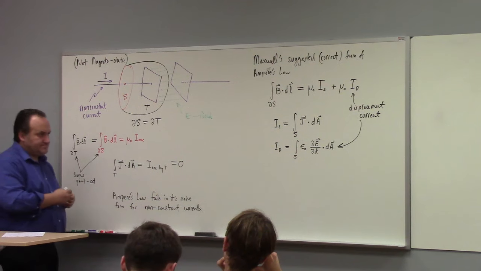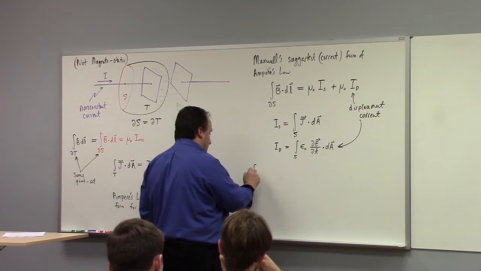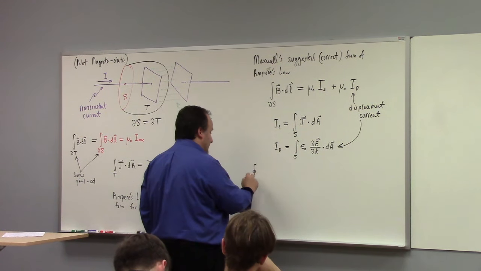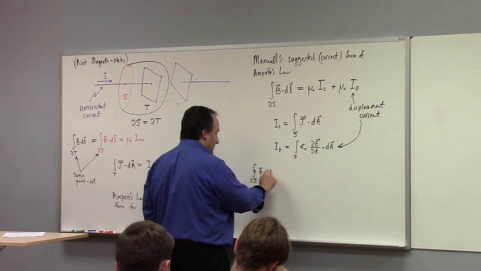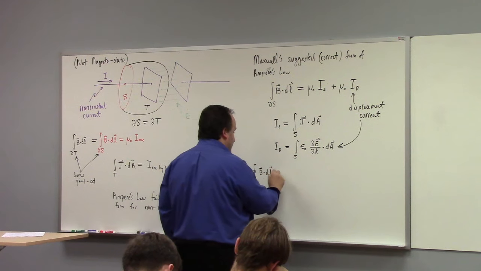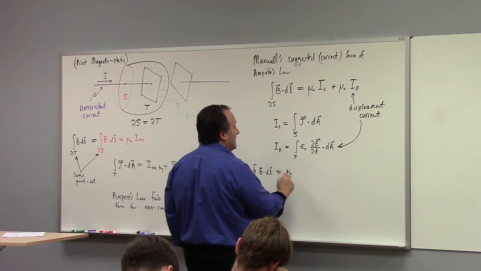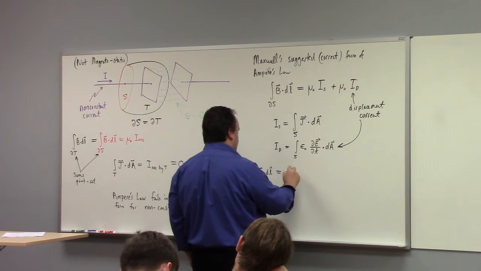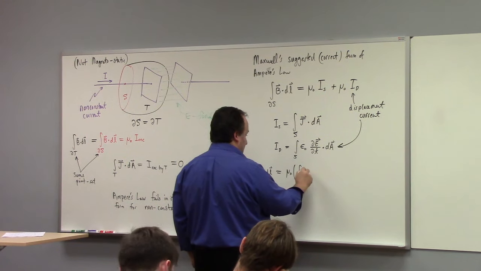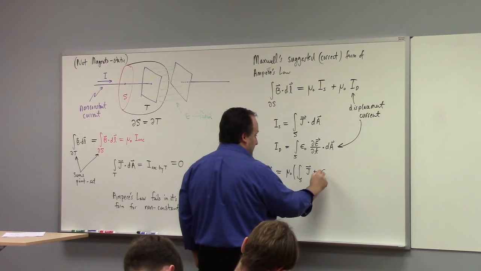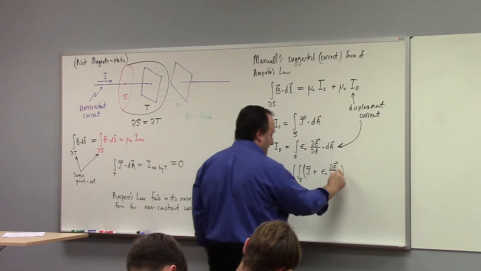So if we put this all together, what we now have is that the closed integral over the boundary of S of B dot dl is equal to mu naught times the integral over S of J plus epsilon naught partial E partial t, dot dA.